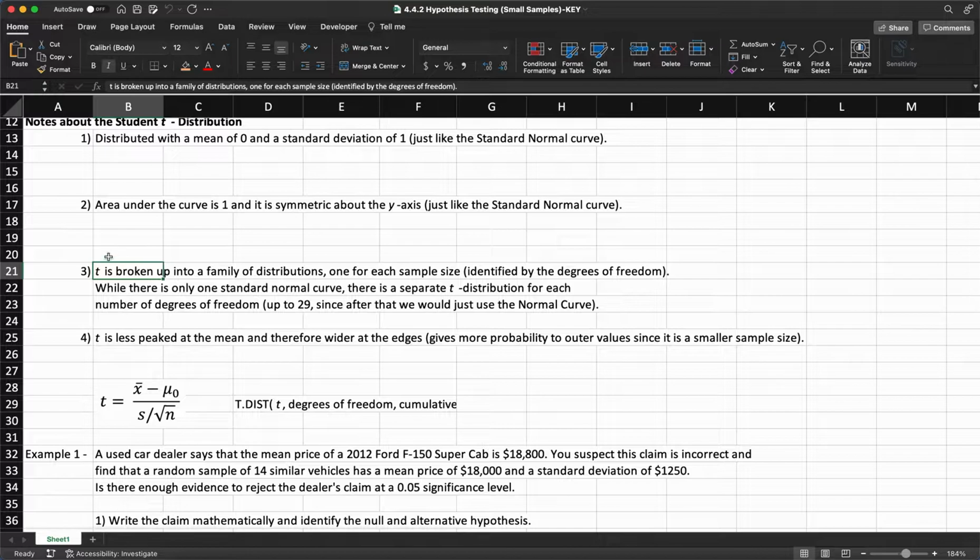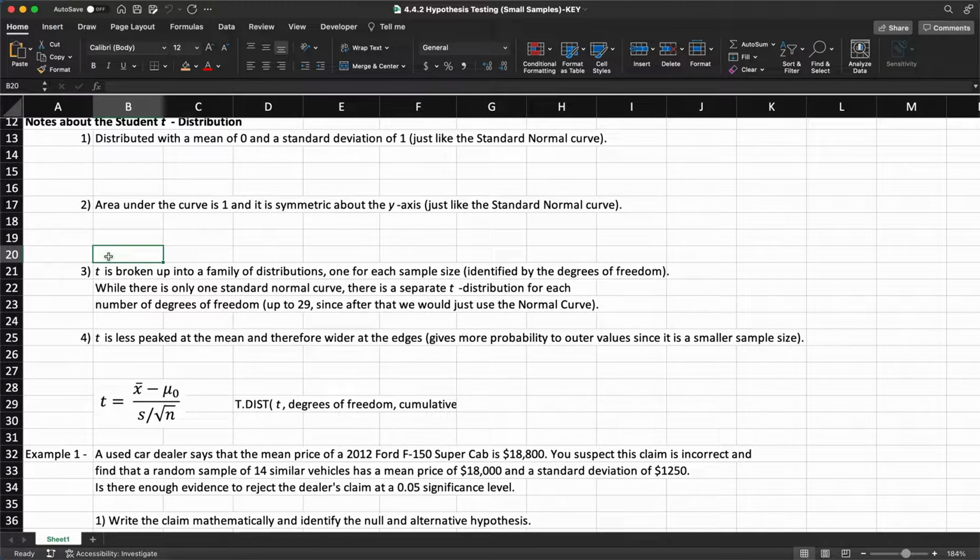However, since there are only a finite number of different scenarios where our sample size is smaller than 30, actually 29 ways that could happen, there's a t-distribution table for each of those degrees of freedom, up to 29.